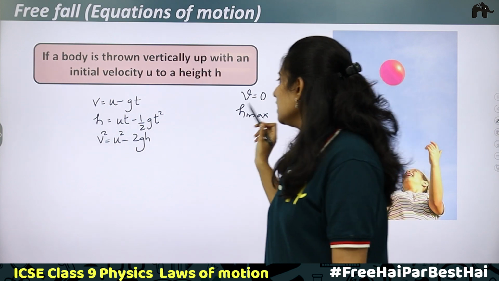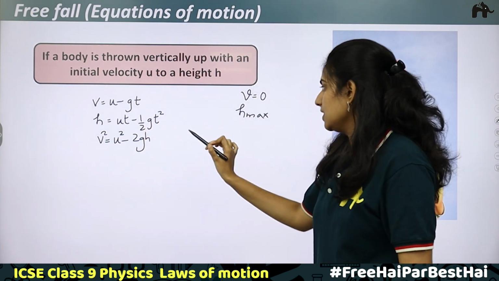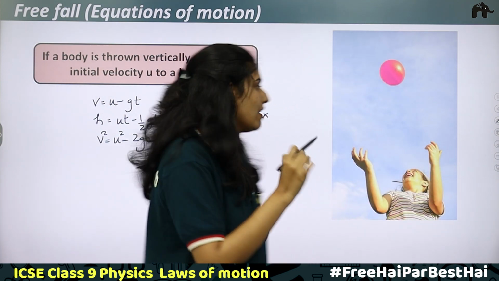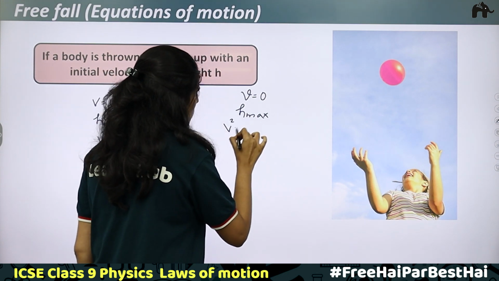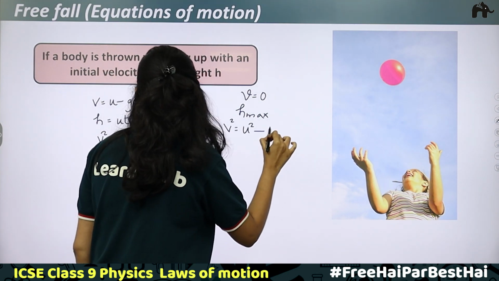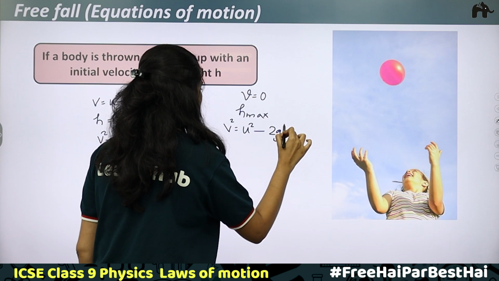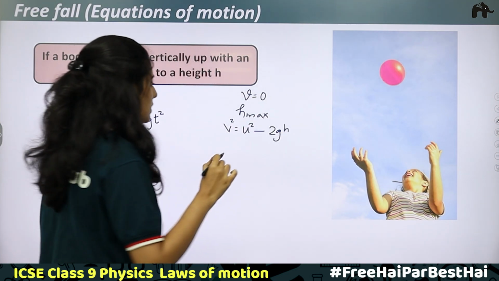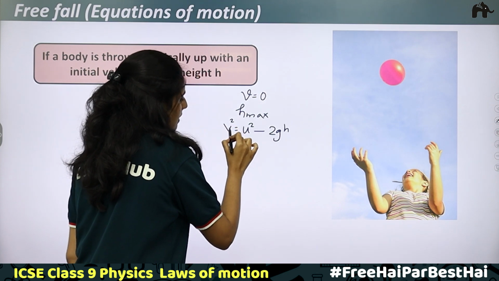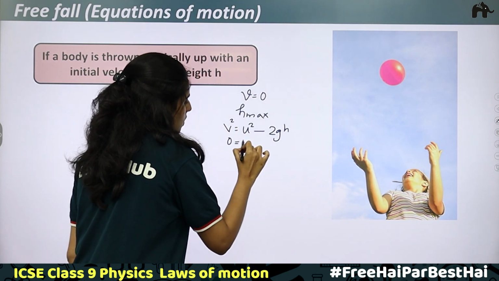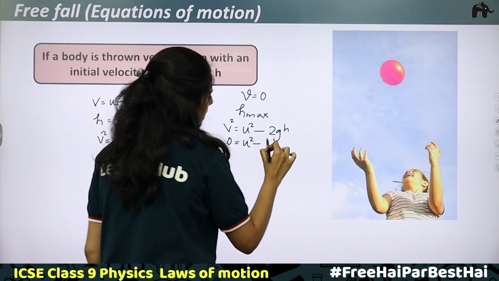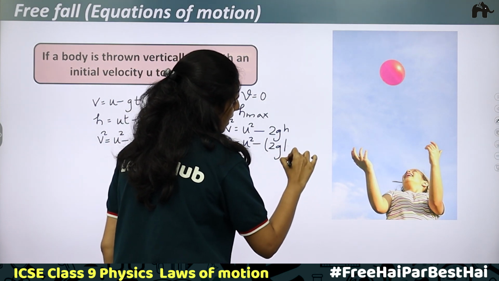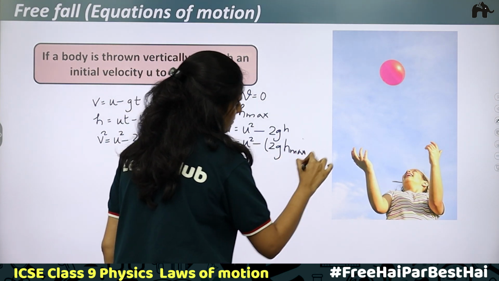Okay, so here when velocity becomes 0, take the third equation. We have v square is equal to u square minus 2gh. In this case, v becomes 0. 0 is equal to u square minus 2g maximum height, h max.